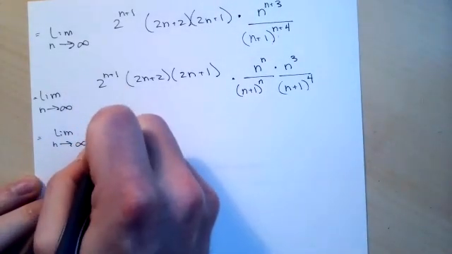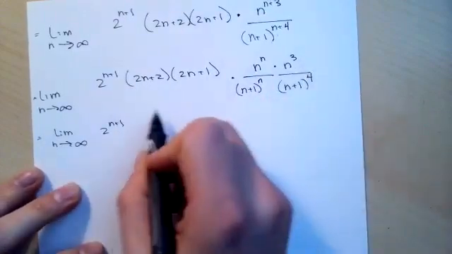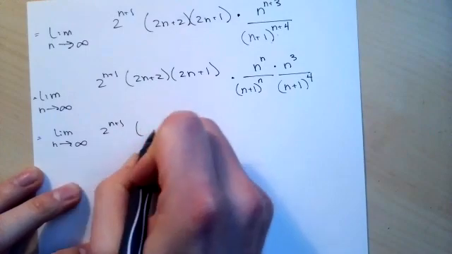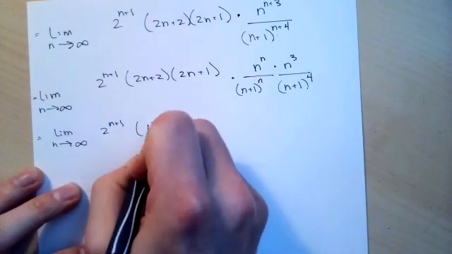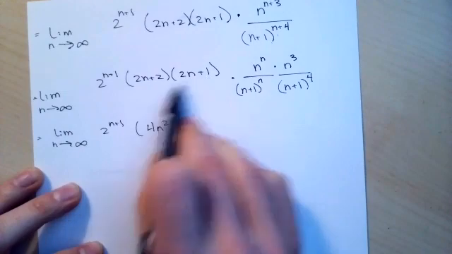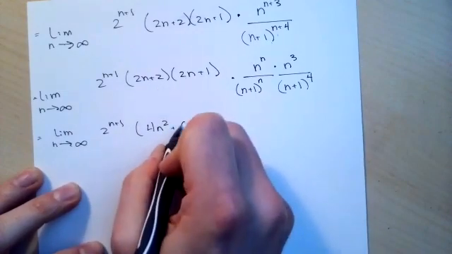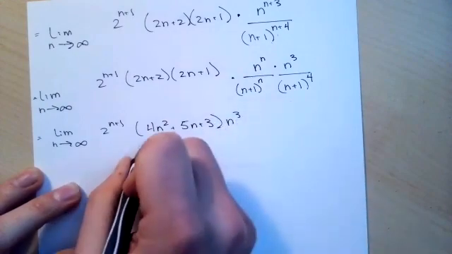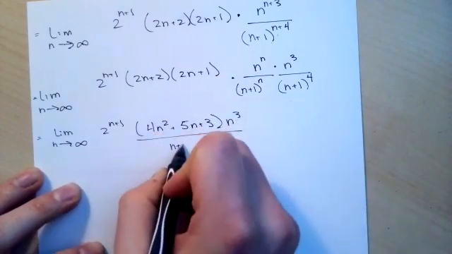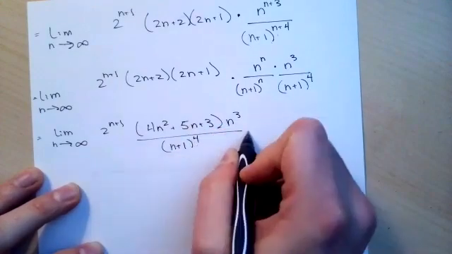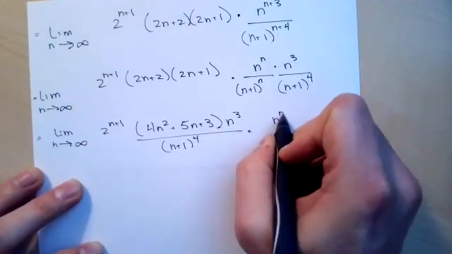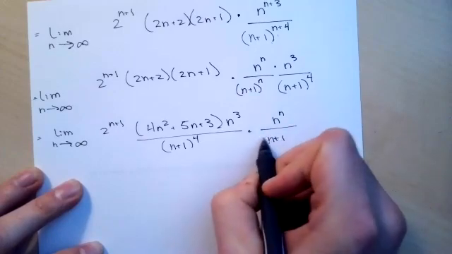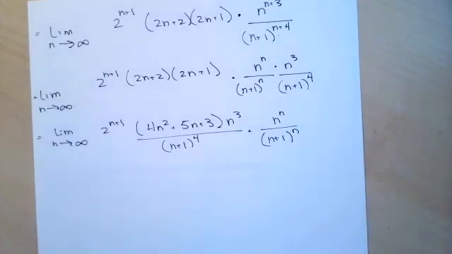So we've got 2n plus 1. And then this term, let's go ahead and multiply it out. We will have 4n squared plus 2n plus 4n plus 5n plus 3 times n cubed, all over n plus 1 to the 4th, times n to the n over n plus 1 to the n.